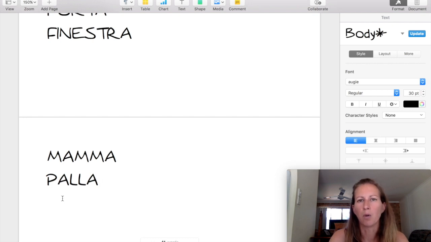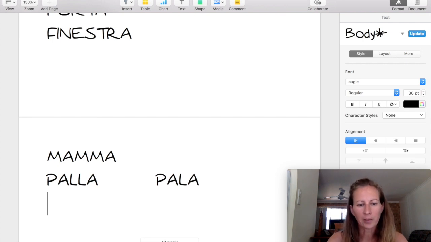Palla means ball. On the other side, if you have this word, which is exactly the same, but we only have one L, instead of palla, we should read this pala. You see the L is just slightly pronounced, so it's pala, while the first one is palla. So palla, pala.